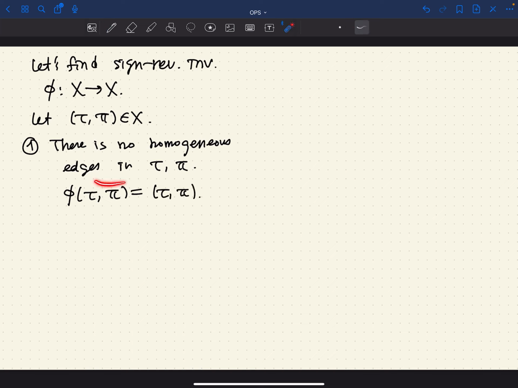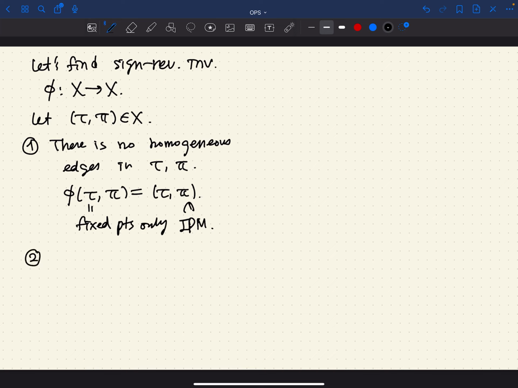But how can this happen? Tau is homogeneous. If it has an edge, it must be homogeneous. So that means tau has nothing, and everything is a fixed point. Pi must connect all of them, so this must be an element in the inhomogeneous perfect matchings, because otherwise it's not going to be in this case. So this is a fixed point, a nice fixed point for us.